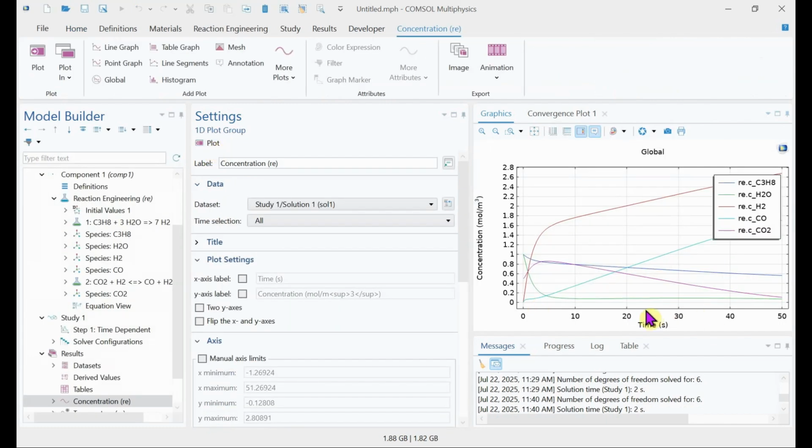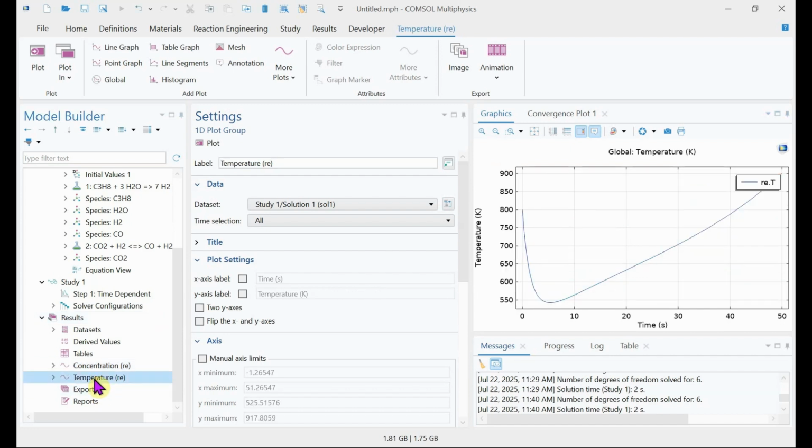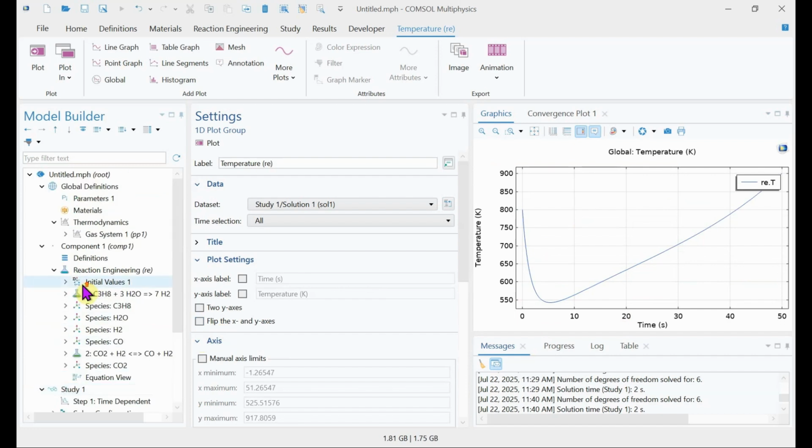Yes, here we can see that, okay, 50 seconds is more than enough, maybe 20 or 30 is okay. And also here the results are automatically generated. You can see what I interpret here from the concentration graph. We have, of course, a temperature graph and so on.